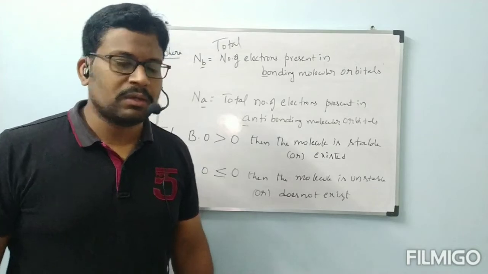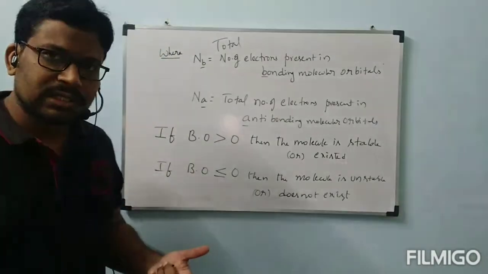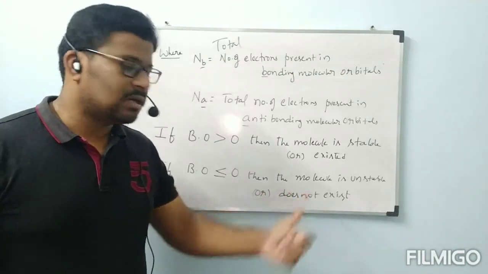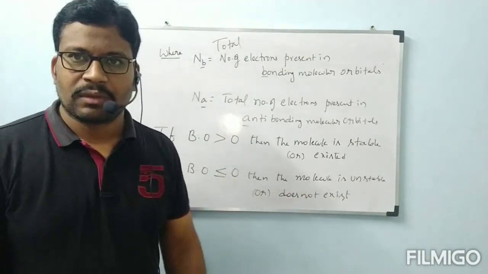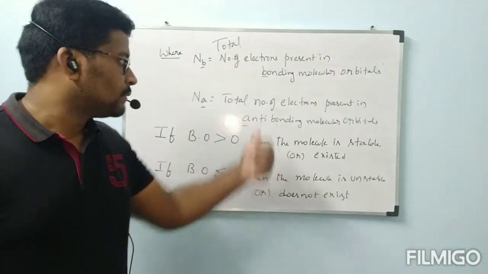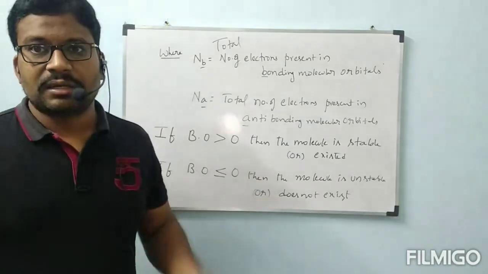It is a stable molecule. If you get bond order equal to 0 or less than 0, then the molecule is unstable or it doesn't exist. Okay, by seeing the examples, it will be more clear. This is the second point completed. We will see the third point now.